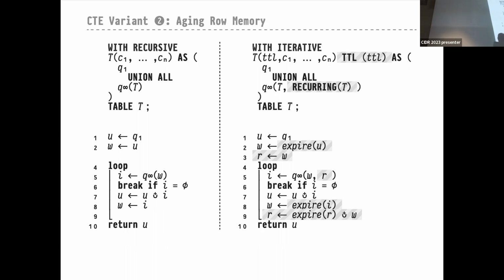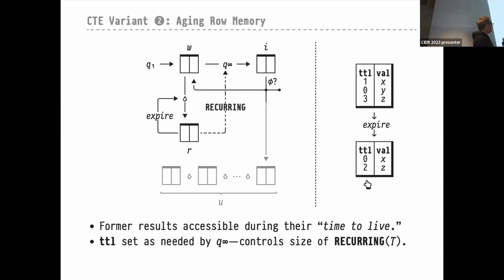The query QLoop is in control over when a row expires, how long it will be current. And here you can see how stuff that we would like to remember is being remembered, but is slowly expiring. When the rows are not yet expired, the QLoop query can selectively recall this older knowledge and can access it during its computation. This is selective row memory.